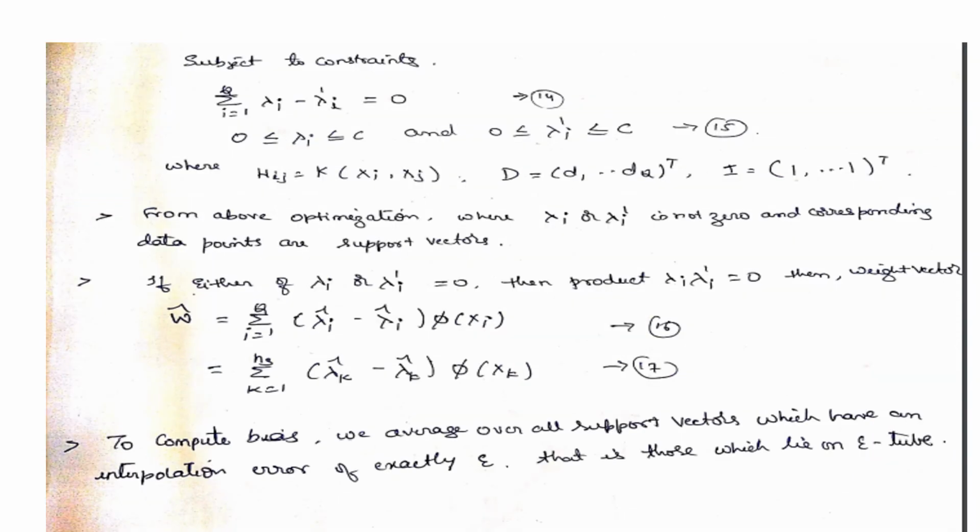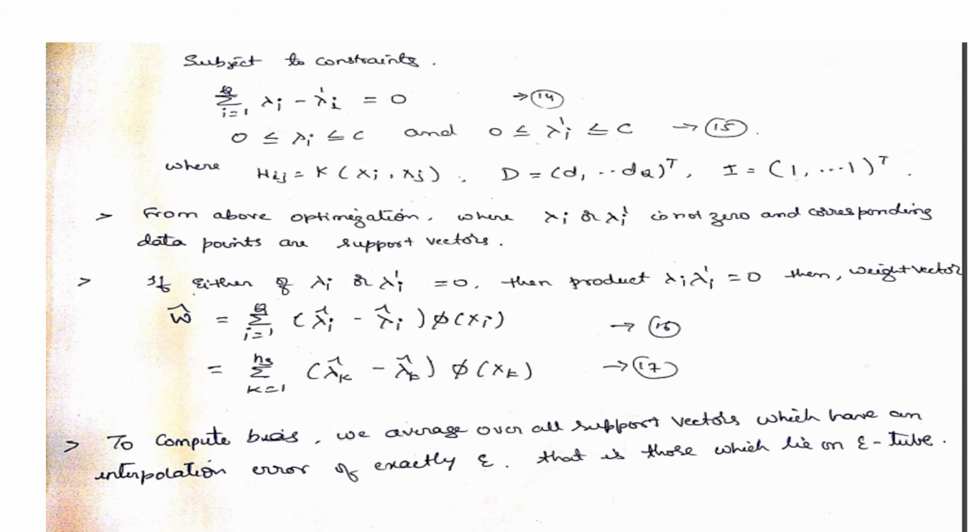This equation is subject to the constraints that we have already defined, that summation i equal to 1 to q of lambda i minus lambda i prime is equal to 0, where lambda is bounded between 0 to c and lambda prime is also bounded between 0 to c. Where the H matrix is defined as Hij, that is nothing but the kernel function k of xi comma xj, and d is the desired output d1 to dq transpose, and I is the identity matrix.